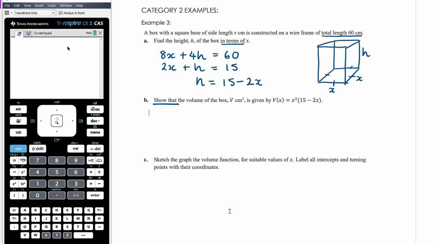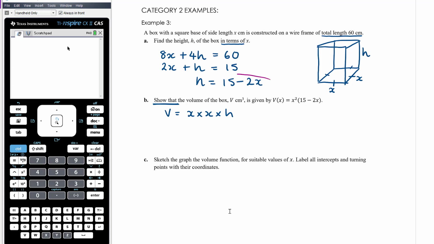All right, so show that the volume of the box is this. In my head, I'm reading find an equation for the volume of the box in terms of x. Okay. All right, so volume of a cube or a box is length times width times height. So in this instance, volume is going to be x squared times h. Now we've found h.